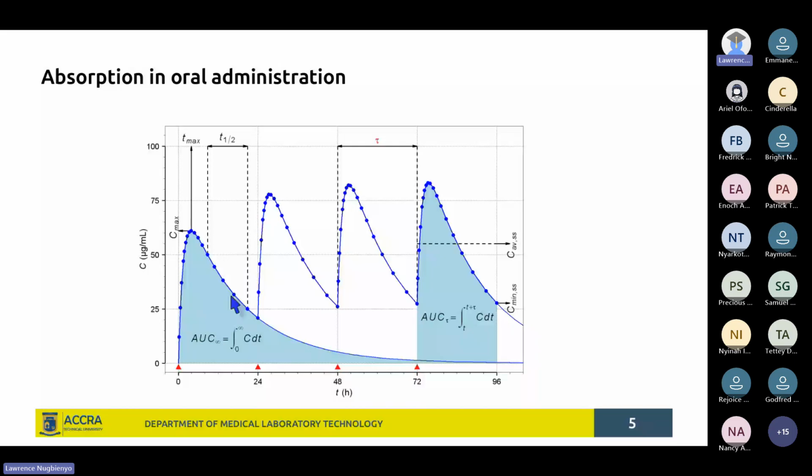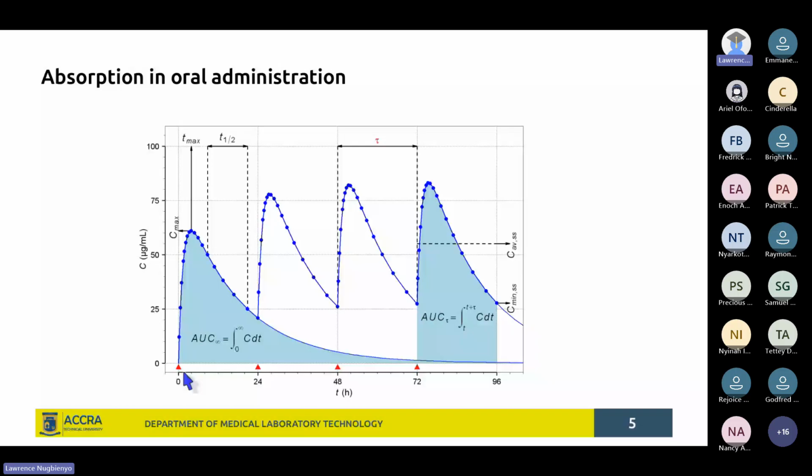And at a certain point, the drug now will start to get eliminated out of the body as a metabolite or unmetabolized drug. And so you see that gradual removal of the drug, excretion from the body, until you have zero concentration. But usually, drugs are administered with multiple dosages.